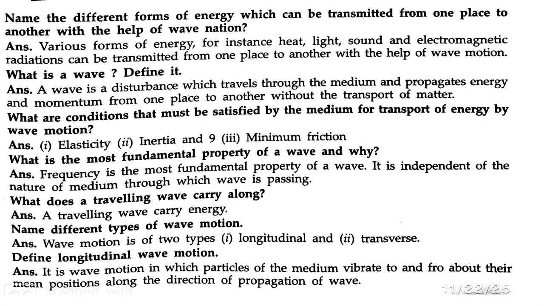First question: name the different forms of energy which can be transmitted from one place to another with the help of wave motion. Various forms of energy, for instance heat energy, light energy, sound energy, electromagnetic energy, and radiation, can be transmitted from one place to another with the help of wave motion.